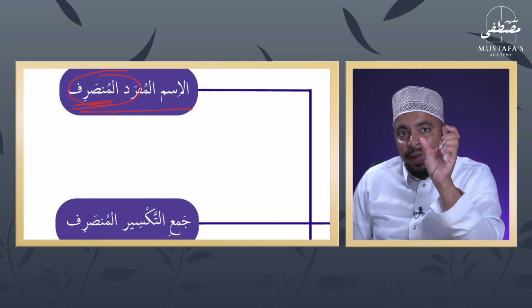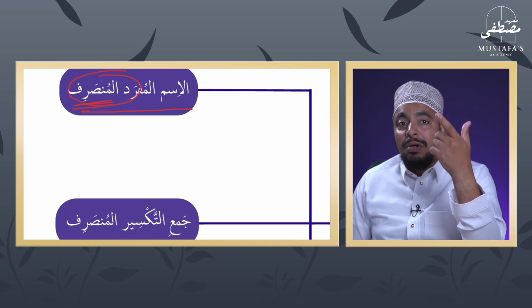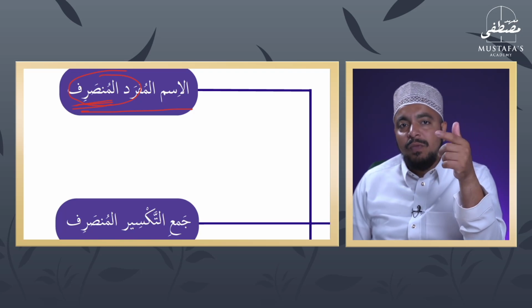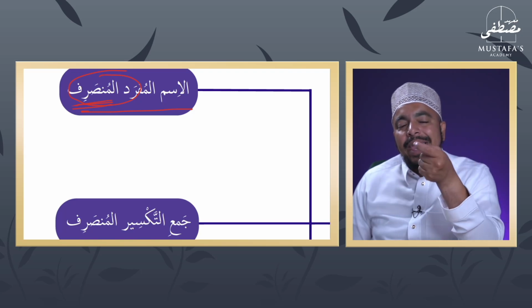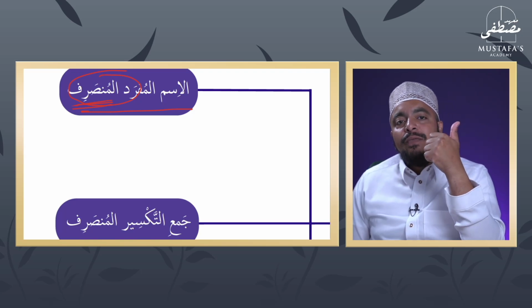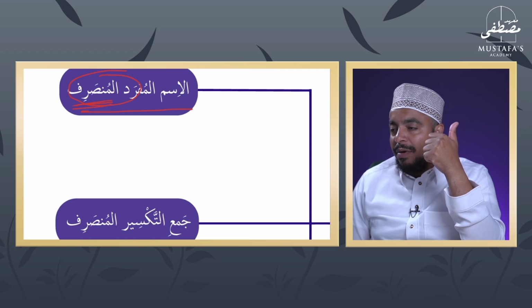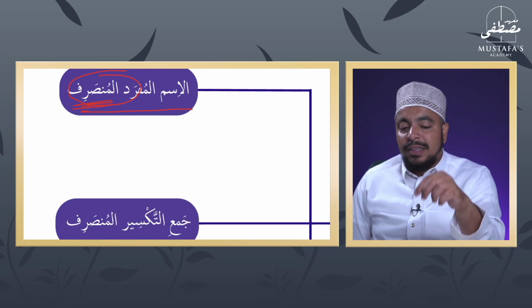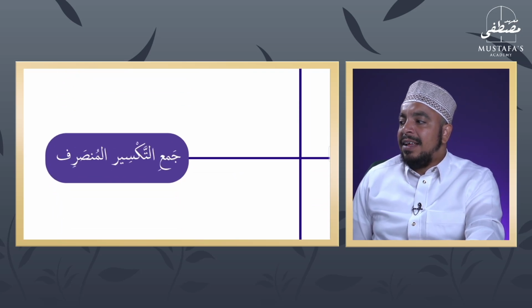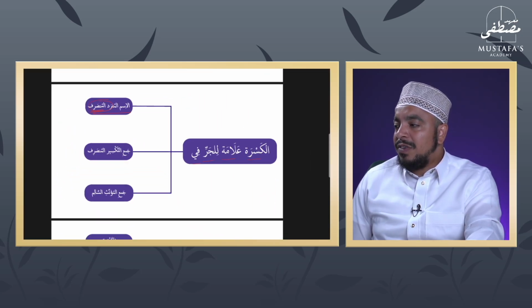There are specific nouns, single form or plural form, which do not accept the main sign of the khafd. As you can see, the first one is al-ism al-mufrad al-munsarif. Second is jam'u al-taksir al-munsarif.